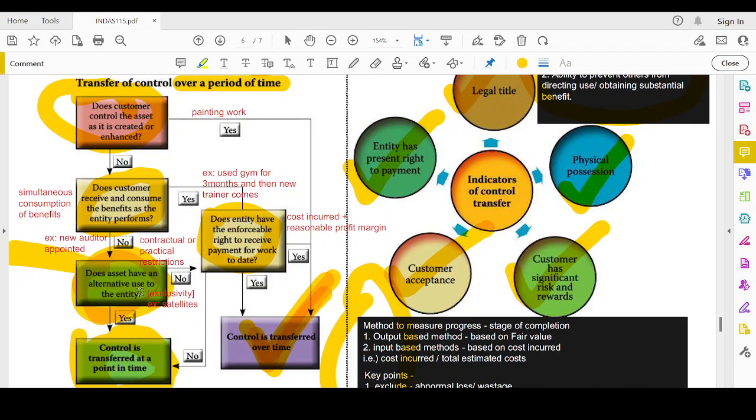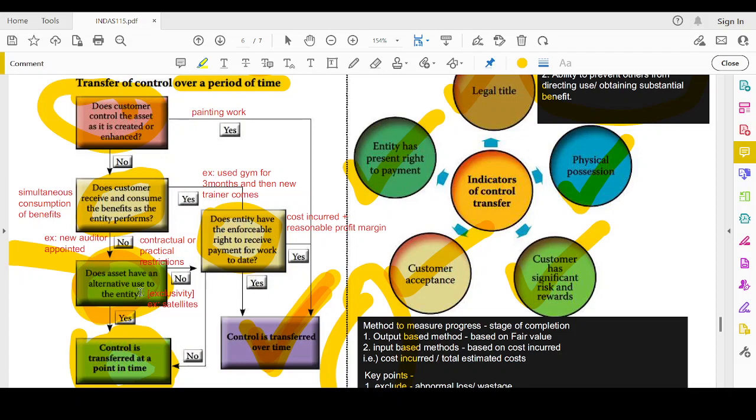So whenever you say that control is transferred over a period of time, you also have to check whether the entity can recover the amount to the extent the work has been fulfilled. Only if that is also a yes can you treat this control as transferred over a period of time.